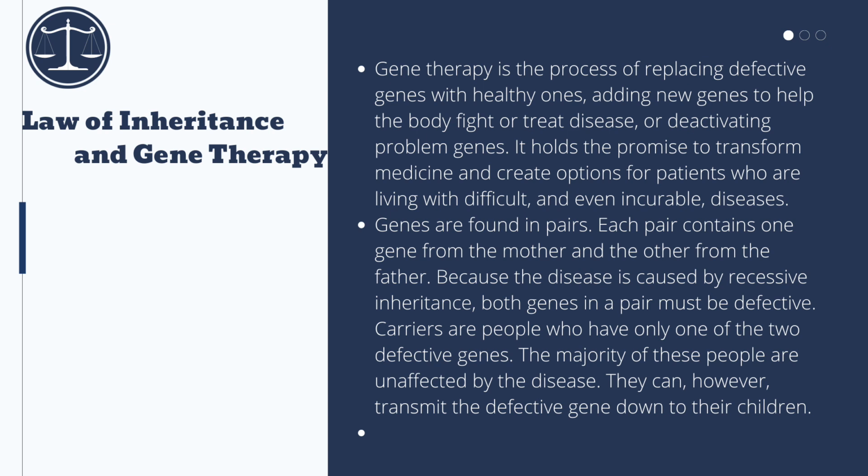Inheritance. We have two copies of nearly all genes, one from our mother and the other one from our father. The majority of us are unaffected by our defective genes. Only the genes present on the male chromosomes are exempt from this restriction. Males have one X chromosome from their mother and one Y chromosome from their father.